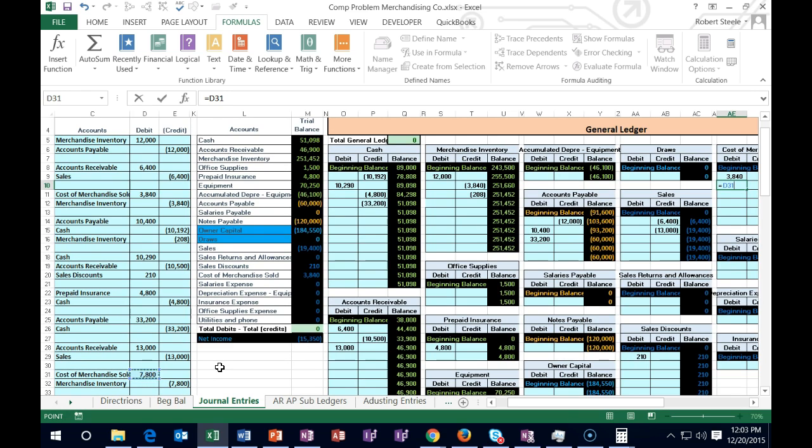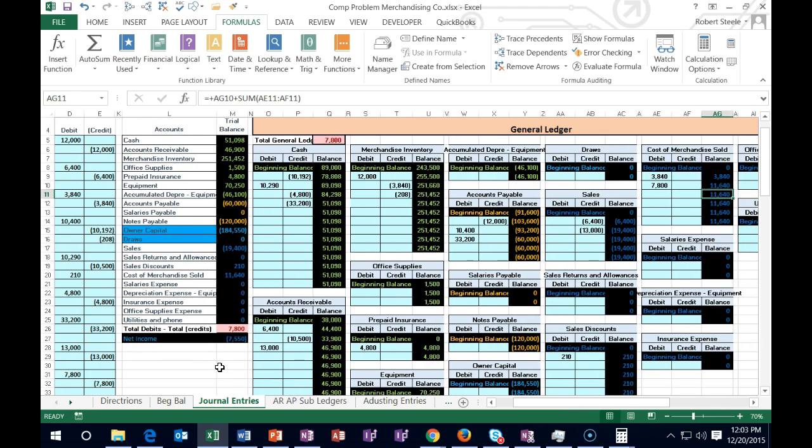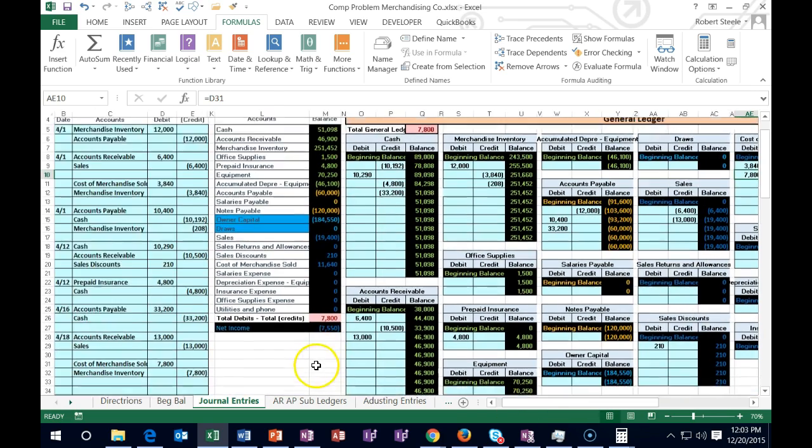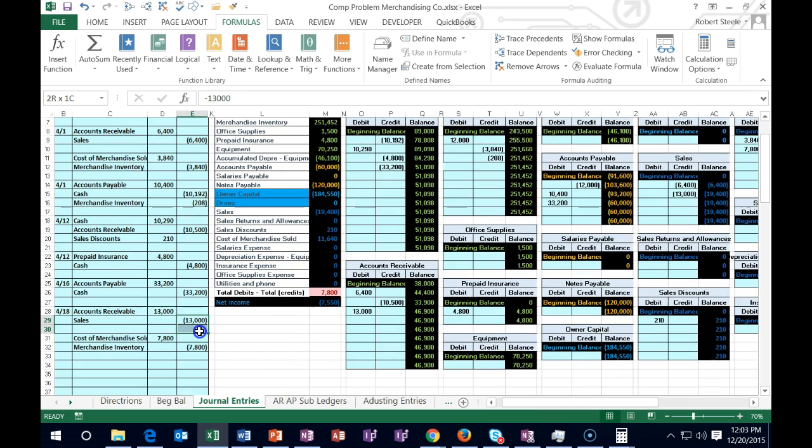Notice I'm on cell D31, enter, and then if I scroll back over here, if I point on it, I'm on cell D31. When I hit enter, 7.8 brings the cost of goods sold up. So note what happened on the income statement. Income went up by sales, went down by the cost of goods sold. The net effect on net income, 5,002.